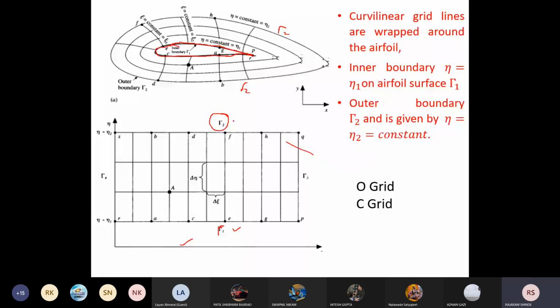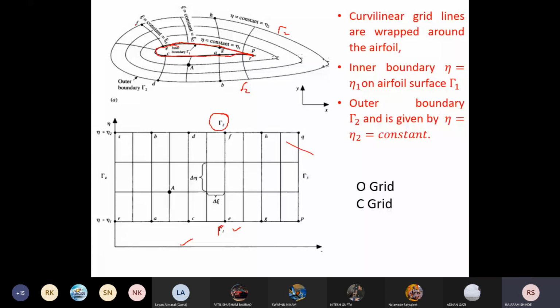If we consider this EF line, from here to here, this is a xi equal to constant curve.